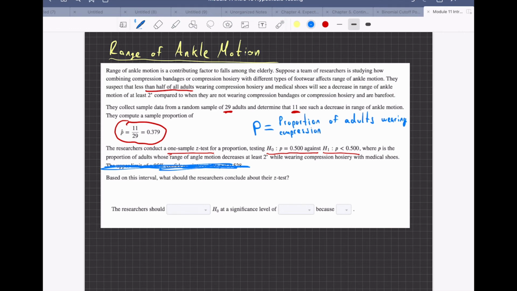We have to do it here. So the hypotheses again, we have the parameter. What is the parameter here? Parameter P is the proportion of adults wearing compression hosiery and medical shoes that see a decrease in range of ankle motion. But I won't write everything.